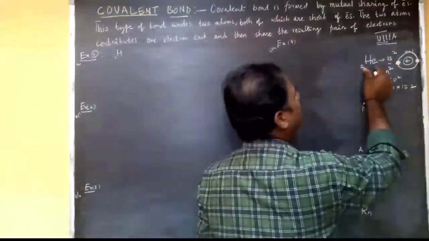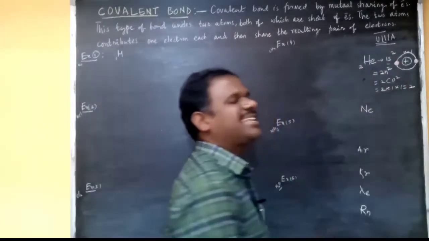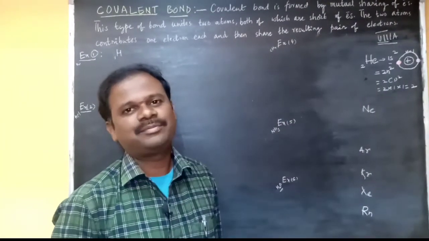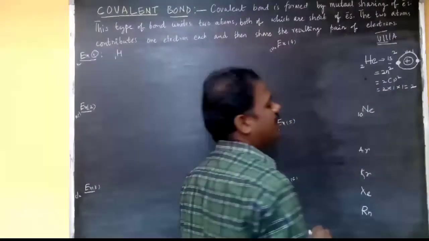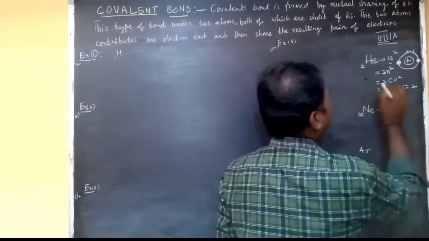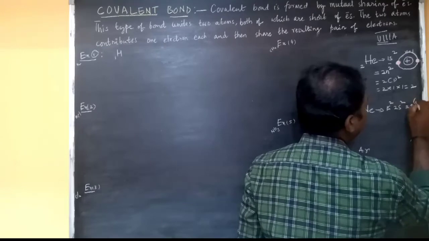Helium has the electronic configuration 1s2. Now neon. What is the atomic number? 10 is the atomic number. The electronic configuration is 1s2, 2s2, 2p6.